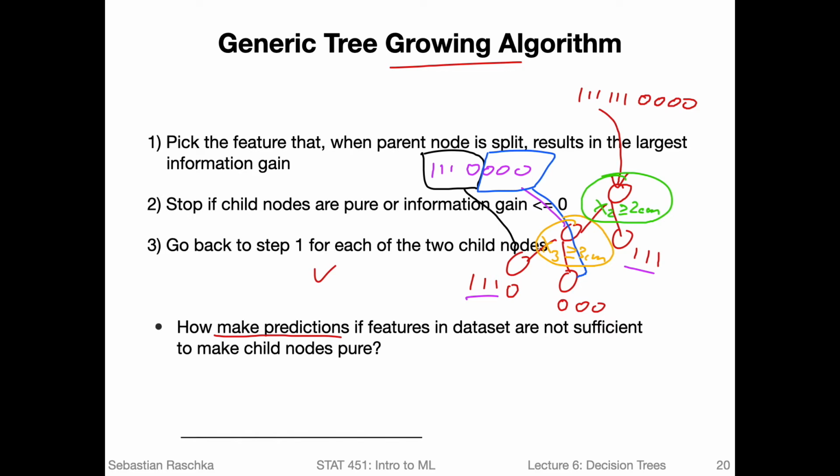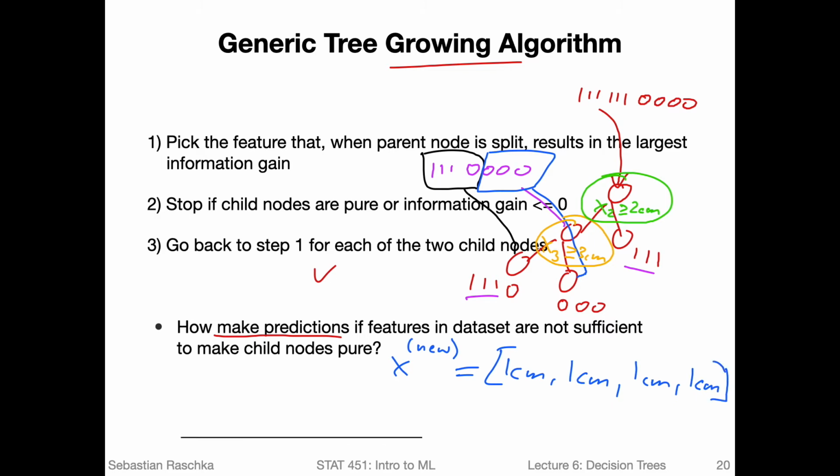So if we have a new training example, let's call it x new, or not training example, just a new data point, for which we want to predict the label. Now for these we have the feature values, let's say 1 centimeter, 1 centimeter, 1 centimeter, and 1 centimeter to keep it simple.